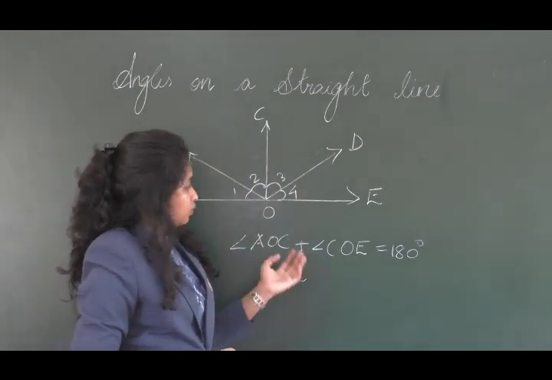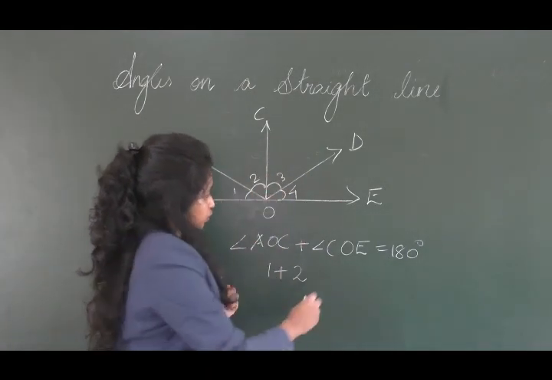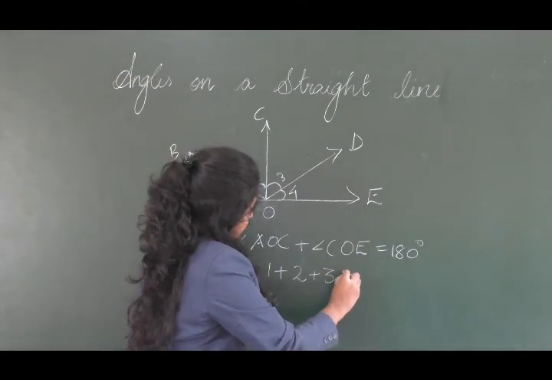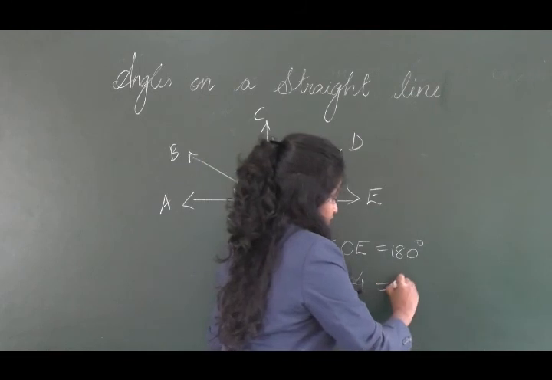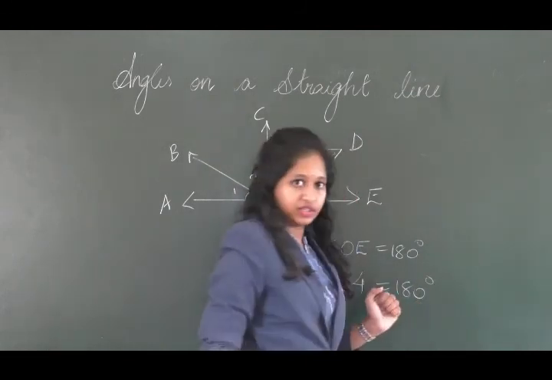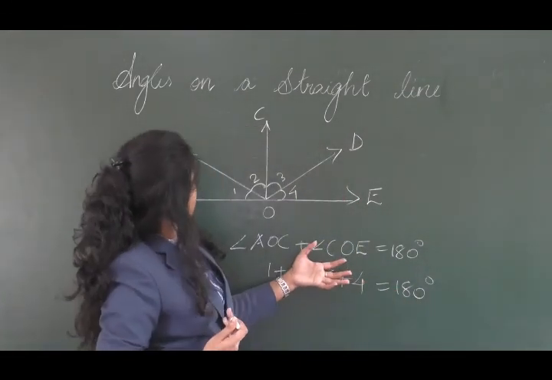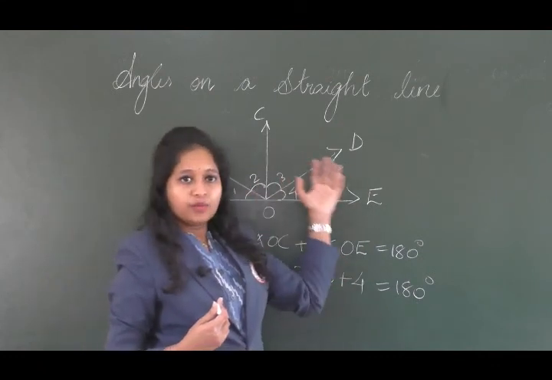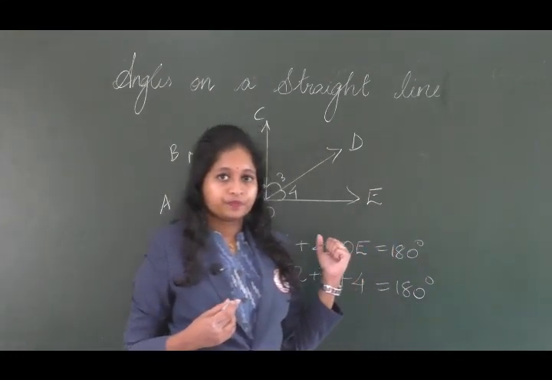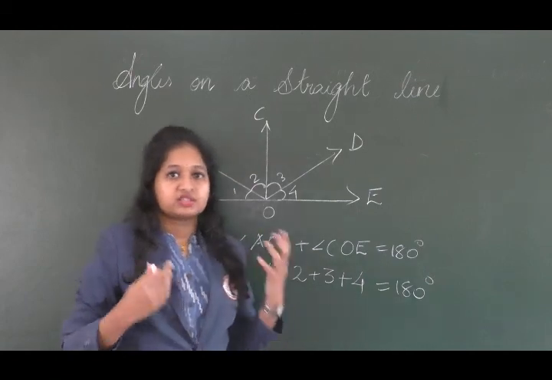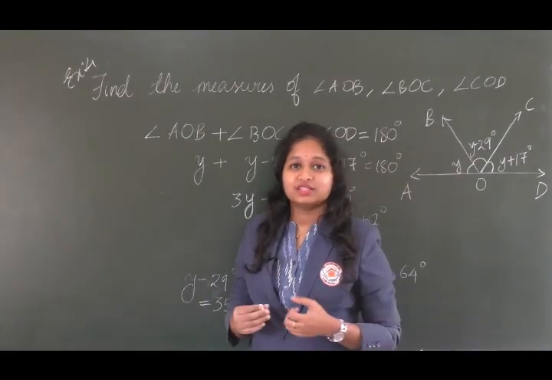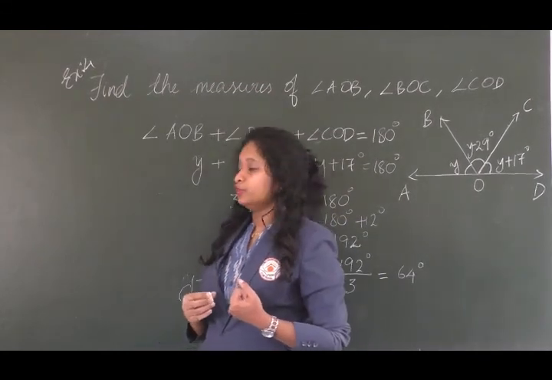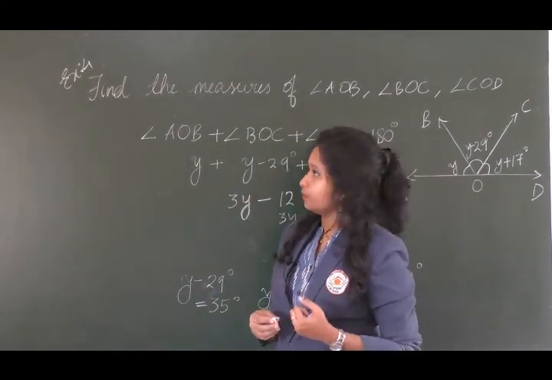Now angle COE is equal to 3 plus 4. Now all these angles are equal to 180 degree. So we can conclude that the sum of all these angles, which is on a straight line, is equal to 180 degree.